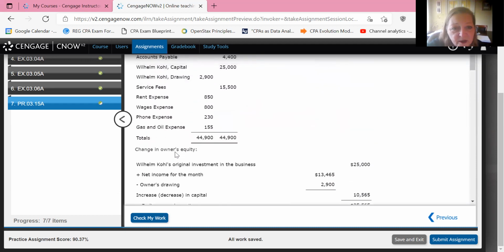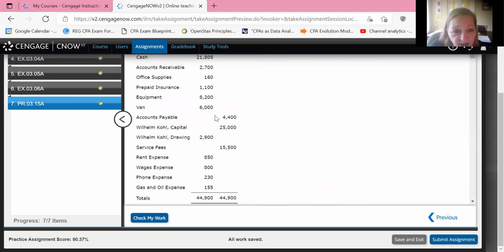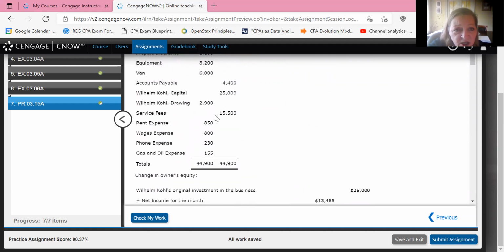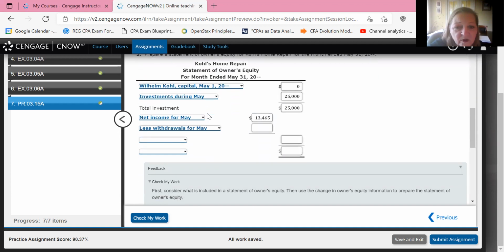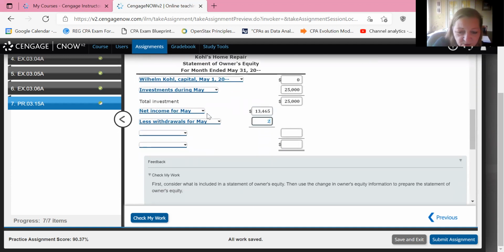Drawings and withdrawals, the same thing. Let's go back up here and see, you'll see that they told us in their little information how much they were, but they also were right here in the trial balance, $2,900. So we're going to just put that there.